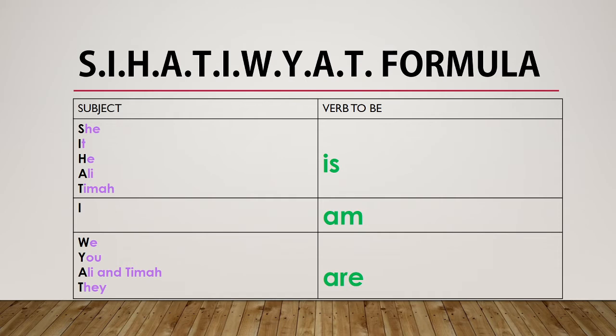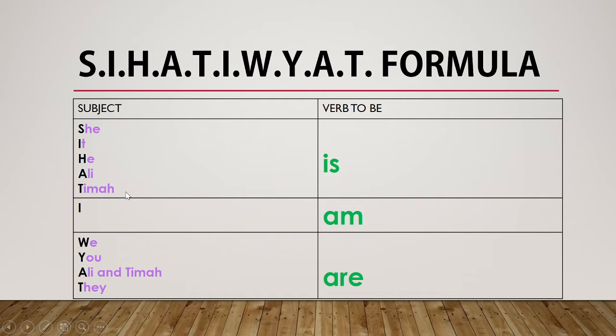So you can simply replace the name of Ali with other names like your own names, or maybe my name like Haziq. Any names, as long as there is only one man, one boy, one person there. Same goes with Tima.